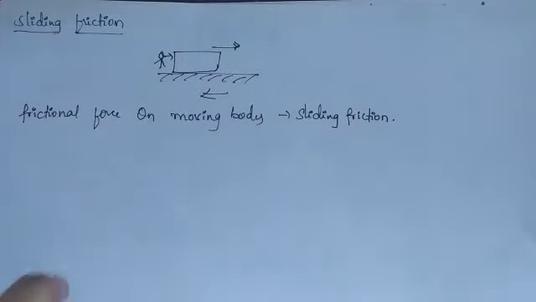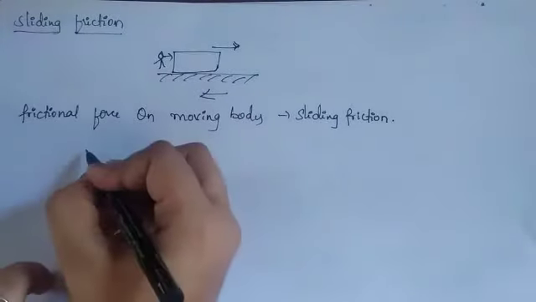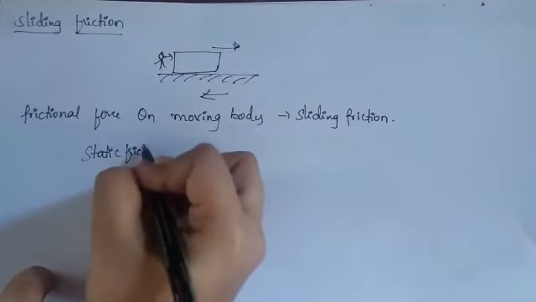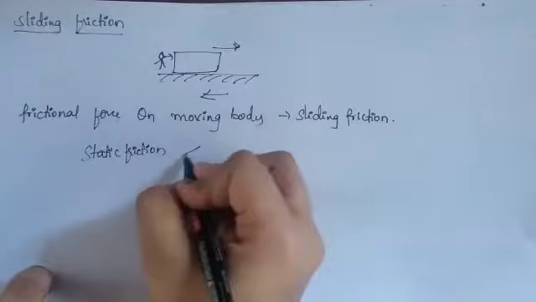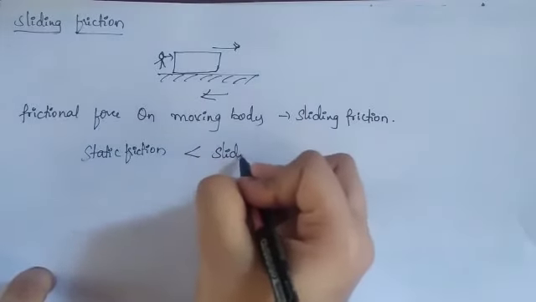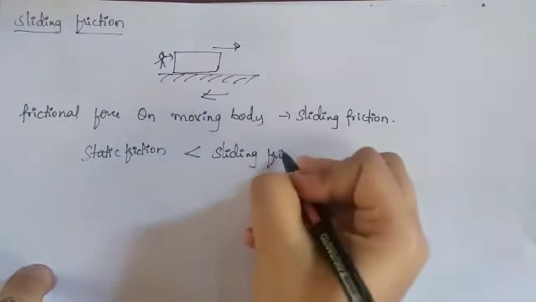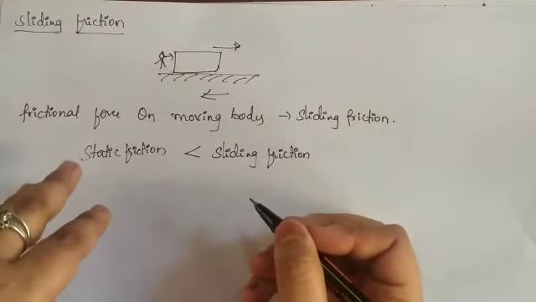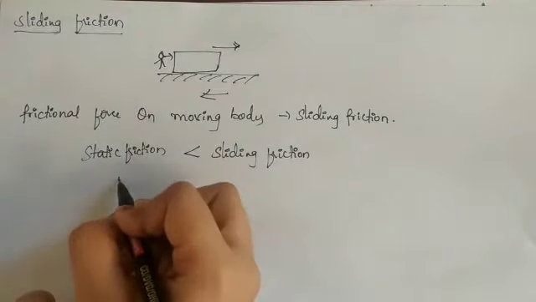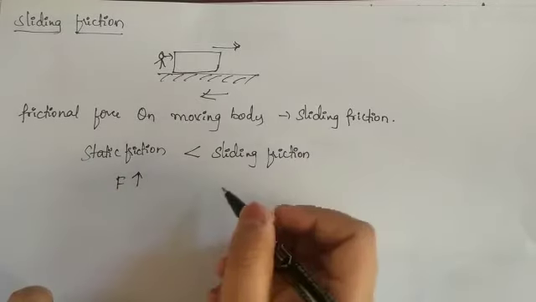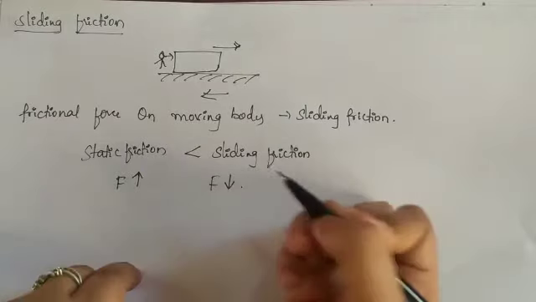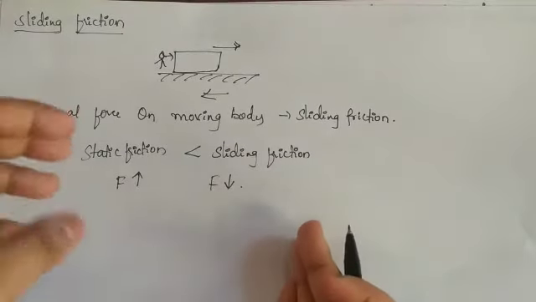So I can say the force applied in the case of static friction is more compared to sliding friction. The force applied in sliding friction is less compared to static friction.